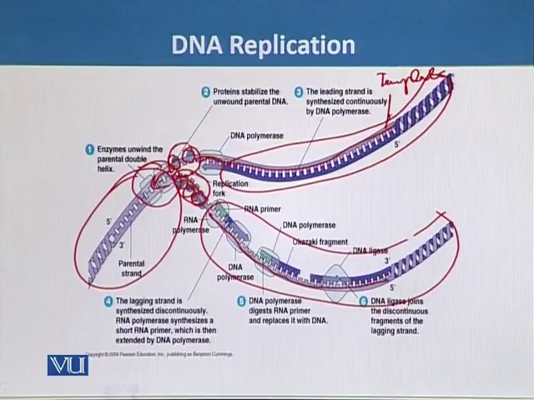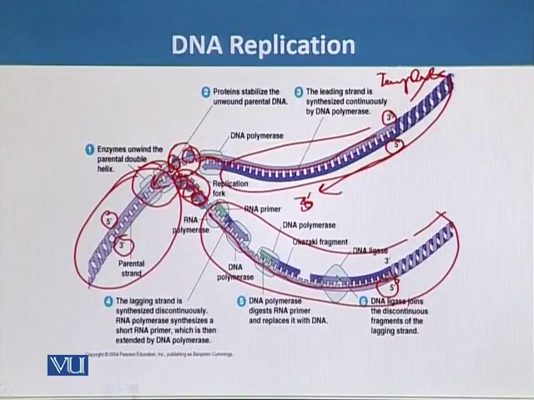Here this is the 3 prime and this is the 5 prime end. But in the other strand we can see here, this is the 5 prime and the other is the 3 prime end. So DNA replication always takes place in the 5 prime to 3 prime direction.